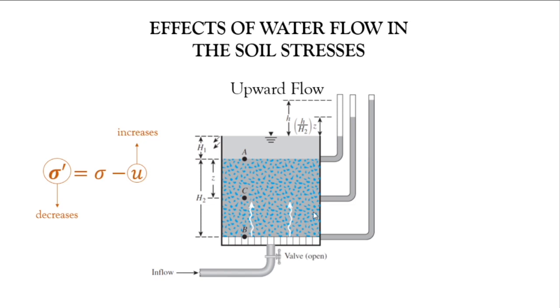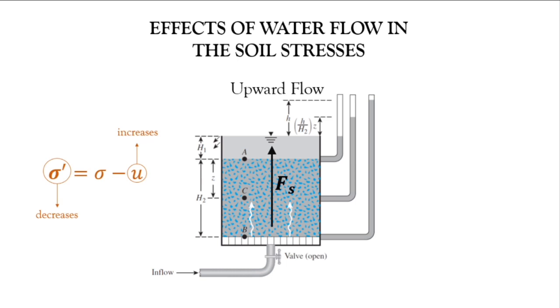Makikita mo rin yan sa figure na kung ang seepage force natin ay pataas, hindi niya kinokompact yung lupa. Ang ginagawa niya ay parang nagiging nabubuhaghag kasi tinutulak mo pataas yung lupa, kaya humihina yung lupa kasi naghihiwa-hiwalay yung mga particles natin because of this seepage force.